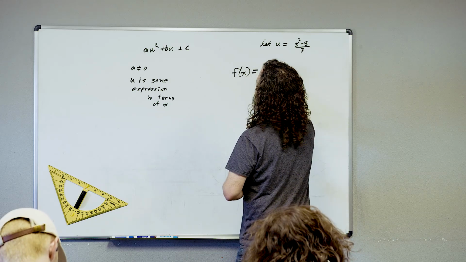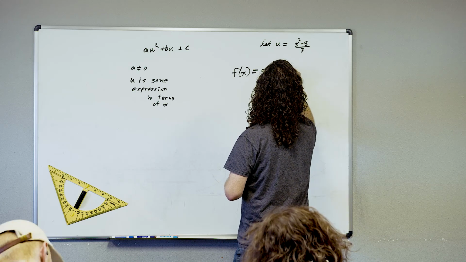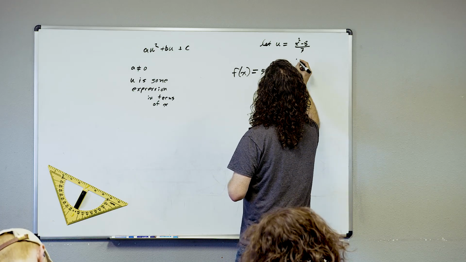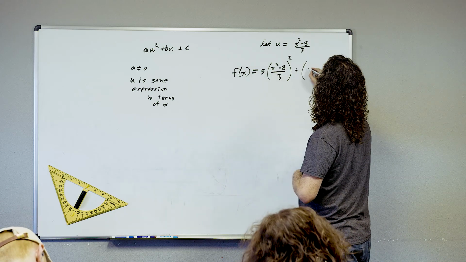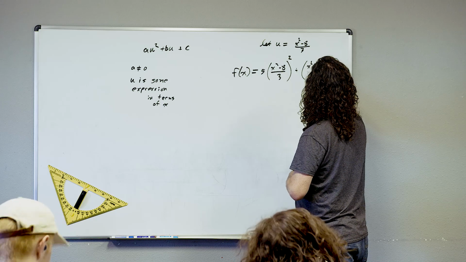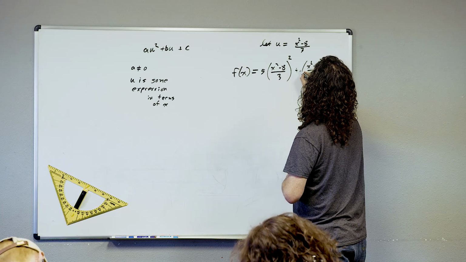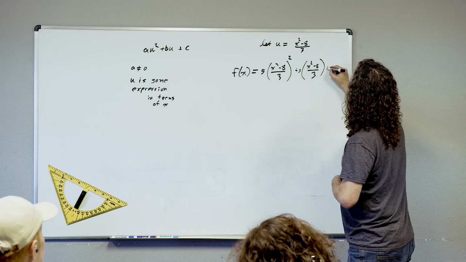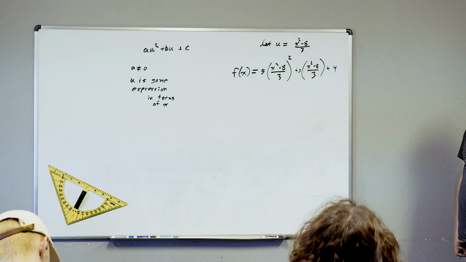Doesn't matter. A, b, and c are just numbers, right? And then this is x squared minus 8 over 3 squared plus x squared minus 8 over 3 times b, which is, I don't know, 3. Why not? Plus 4.